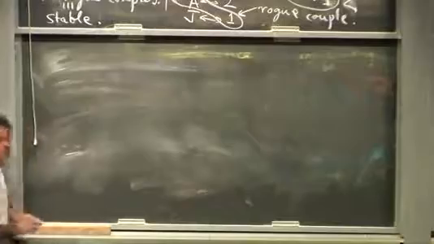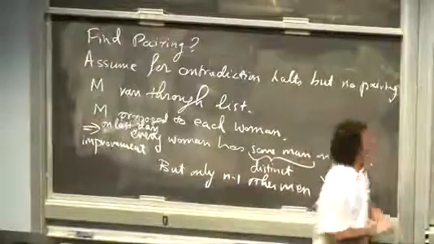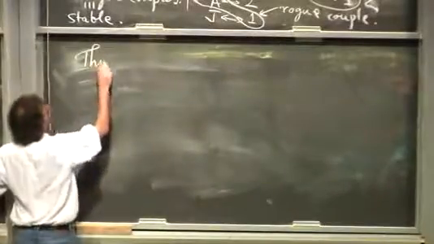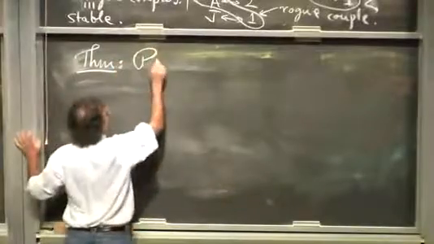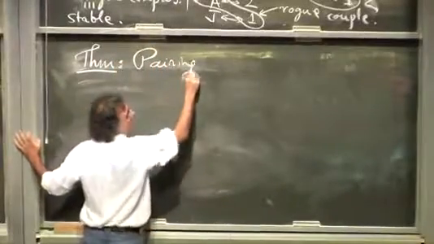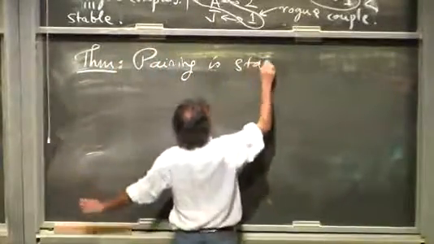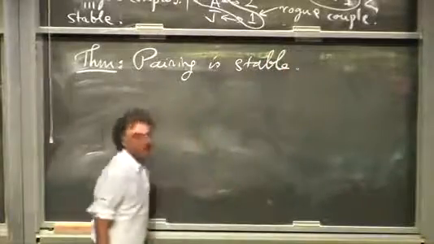Now let's go ahead and prove that the pairing is stable. There's no rogue couples.